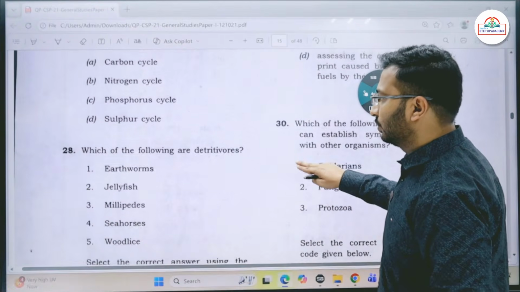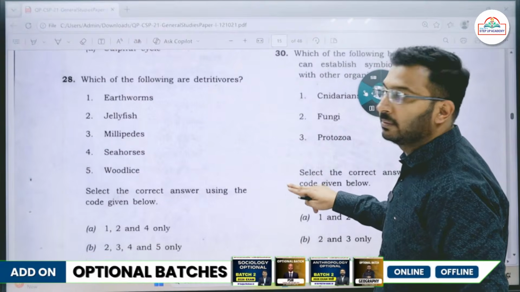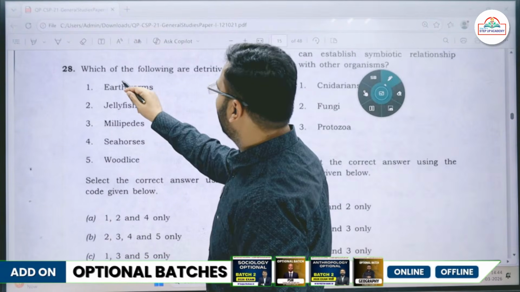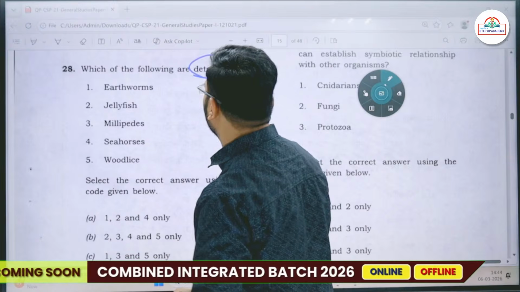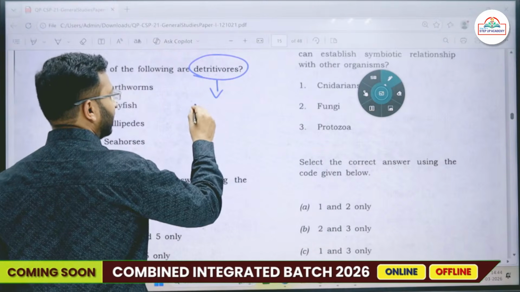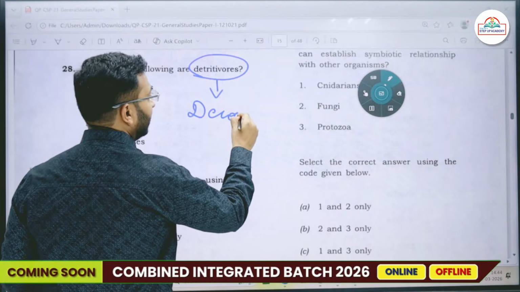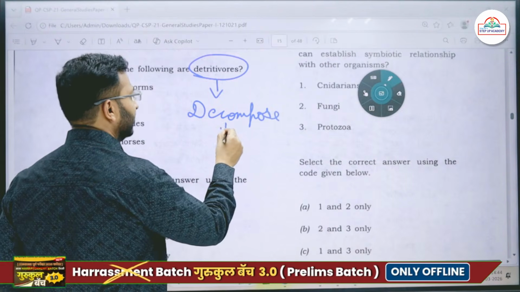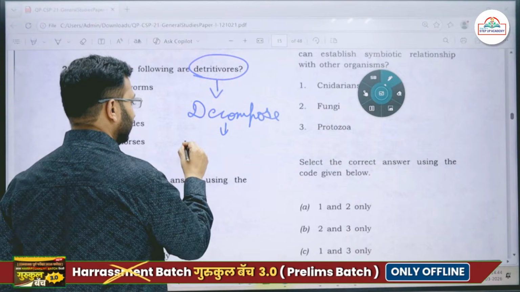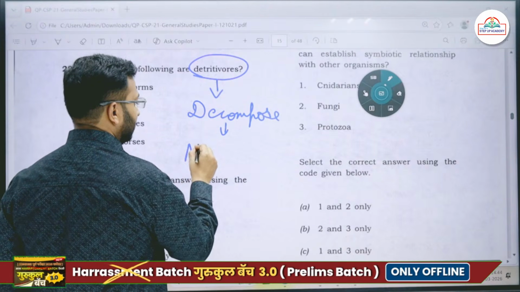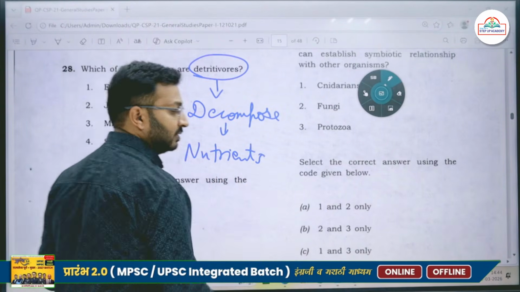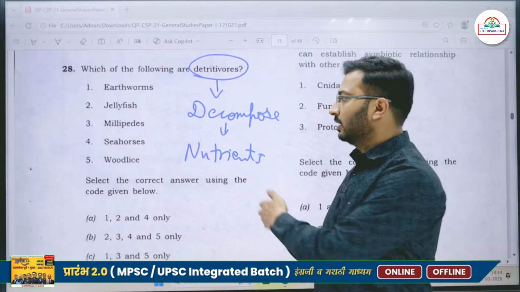Then question 28, again some organisms have been given. Let's try to look. Which of the following are detritivores? Detritivores decompose things and usually provide nutrients, converting what they decompose into nutrients.